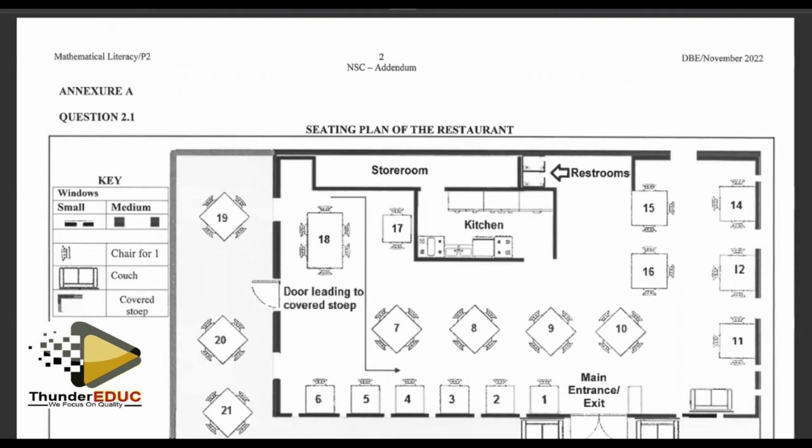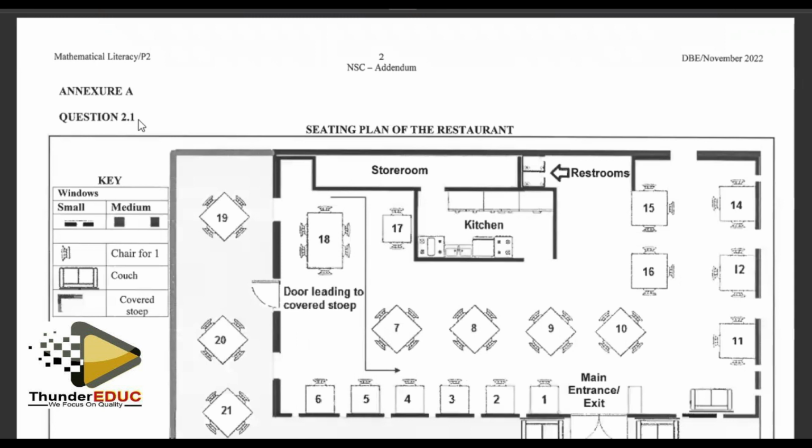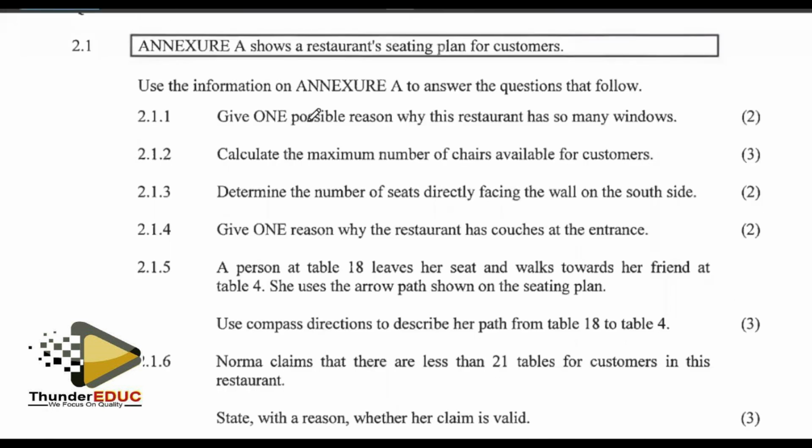What we see, it's what they want us to look at. So we are looking at question number 2.1, annexure A. It talks of a seating plan, I believe. Annexure A shows a restaurant seating plan for customers. Use the information on annexure A to answer the following questions.